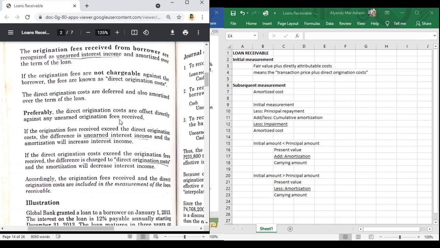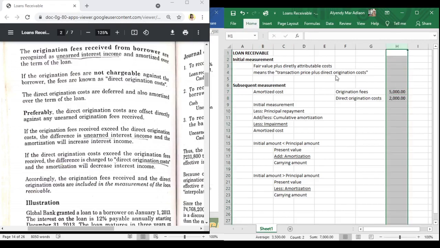So, we offset them. Let's say there is an origination fee of 5,000, and then there is a direct origination cost of 2,000. To visualize: this 5,000 must be accounted for as an unearned interest income.